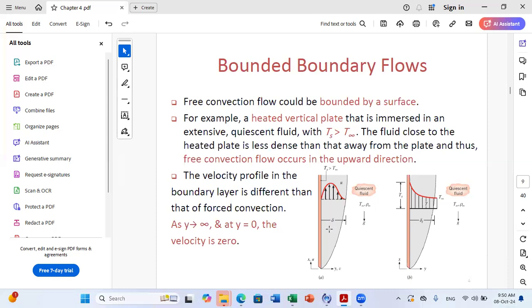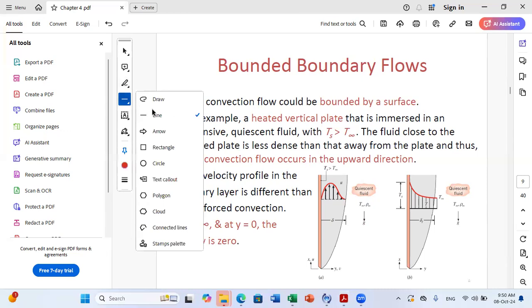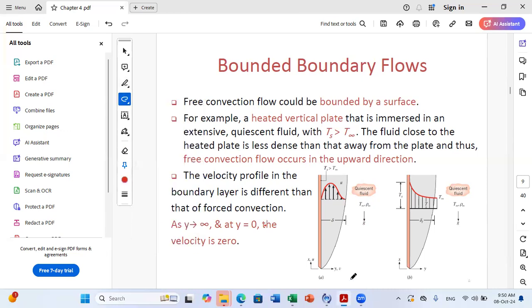If I have a vertical surface at high temperature, so we heat the surface, T surface is larger than T infinity. What will happen in this case? Air in contact with this surface will be heated, and as air is heated, this will lead to upward motion of air.